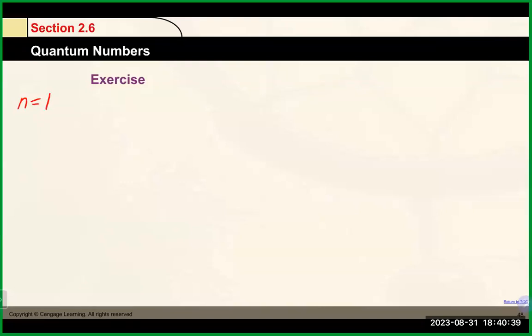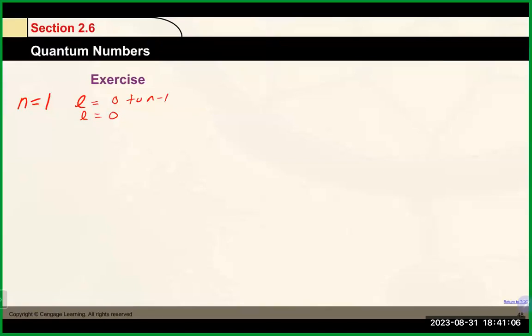Can't go any lower than that, right? If n equals 1, our first energy level, the ground state energy level, L can run from 0 to n minus 1. So 1 minus 1 in this case is 0. The only acceptable L value in that situation is 0.